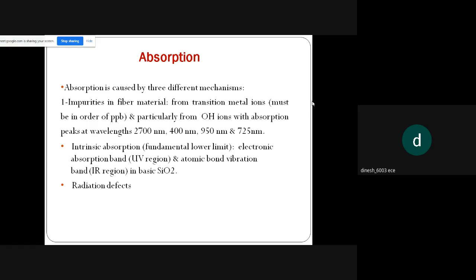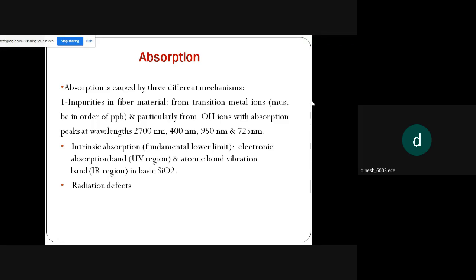So adding dopants should be done appropriately, particularly when you add transition metal ions, the OH ions, which have absorption peaks at 2700 nanometer, 400 nanometer, 950 nanometer, and 725 nanometer.